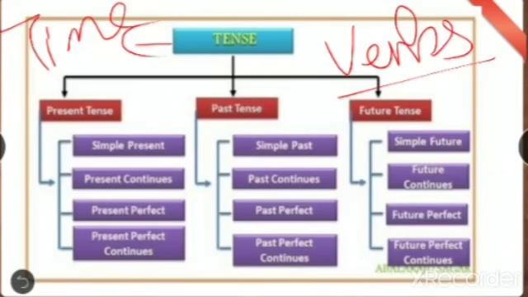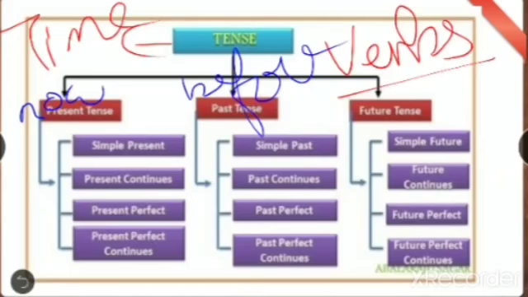Present tense means time now. What does this present tense mean? Time now. At this time, whatever will be happening, that will be your present tense. What is past tense? Something that happened before. Okay, something that happened before in past time.